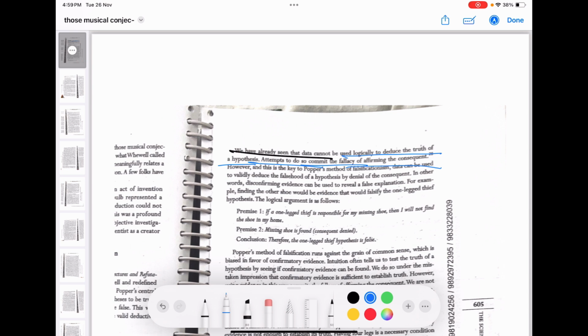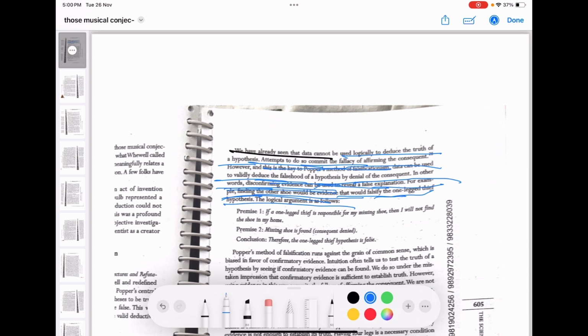However, and this is the key to Popper's method of falsification, data can be used to validly deduce the falsehood of a hypothesis by denial of the consequent. In other words, this confirming evidence can be used to reveal a false explanation. For example, finding the other shoe would be evidence that would falsify the one-legged thief hypothesis.